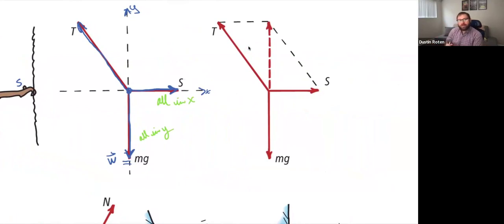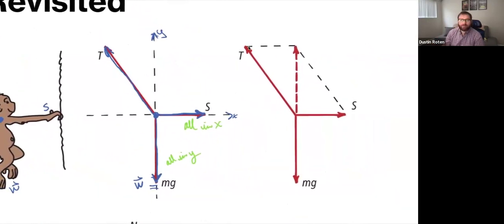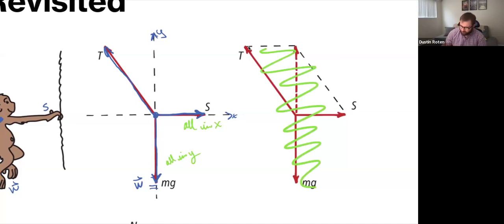Now, the only other thing would be the tension. So this image over here on the right only does part of the breakdown. So let's ignore this because I think we can do better, since it's sort of an incomplete picture. So let's use orange. Okay, let's break down the tension here into its X and Y components.